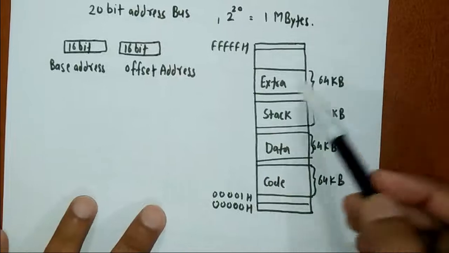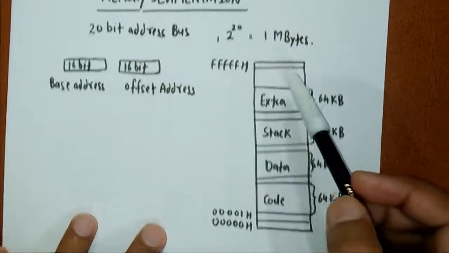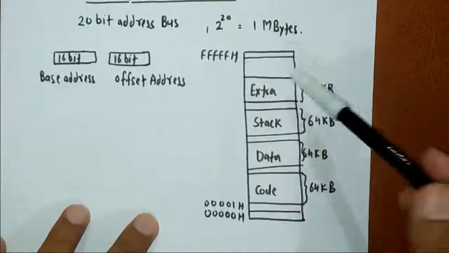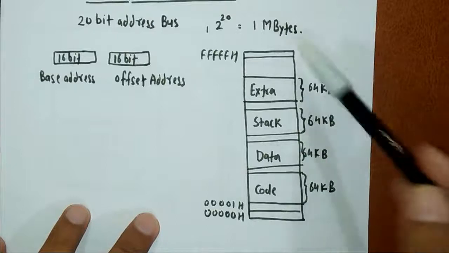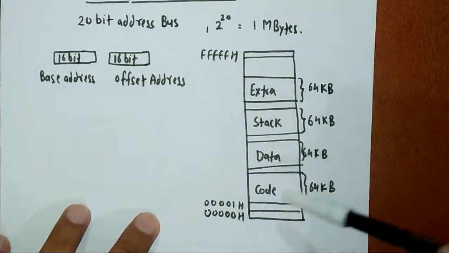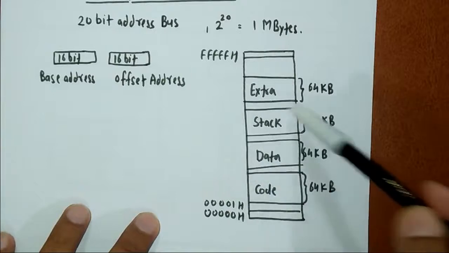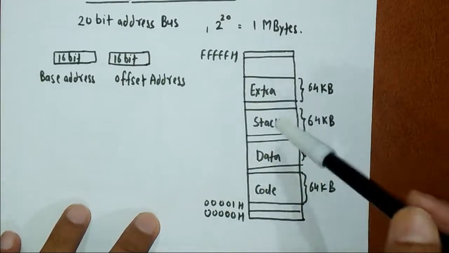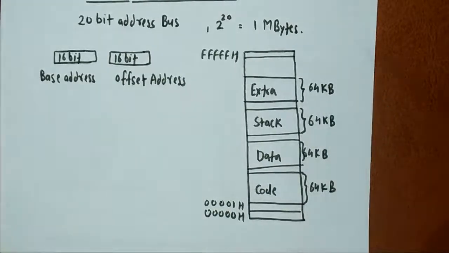What we get in the 8086 microprocessor, in memory segmentation, is that we can divide the available 1 megabyte of memory into 4 segments, and the names of those segments are code segment, data segment, stack segment, and extra segment, and each segment can have a maximum of 64 kilobytes of memory.